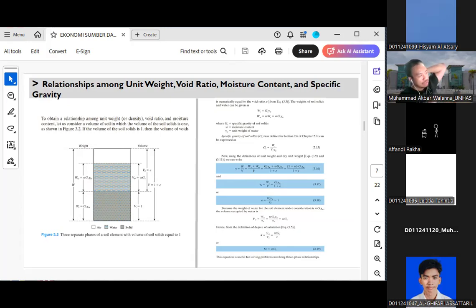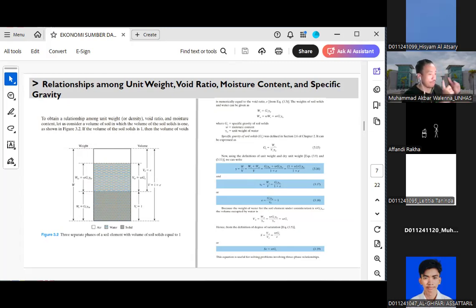So what does this formula really tell us? First, if the void ratio increases, it means the soil is looser, and the unit weight decreases.